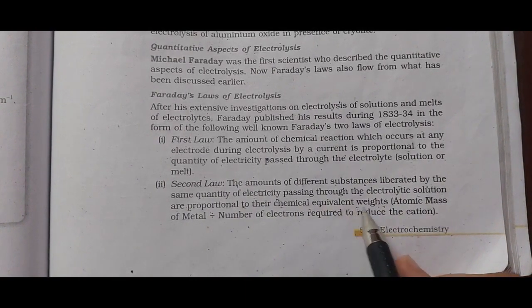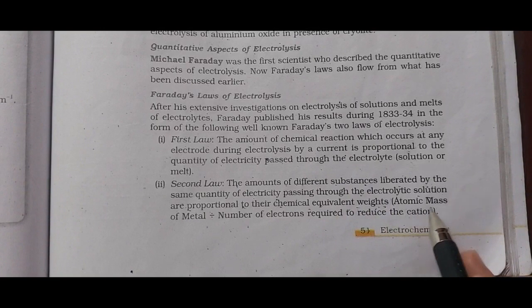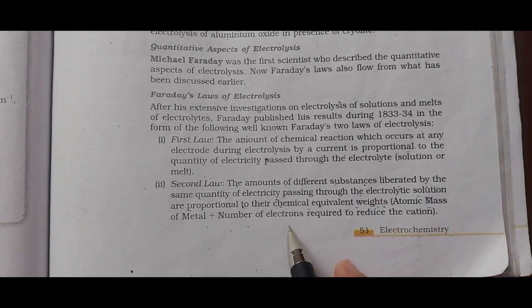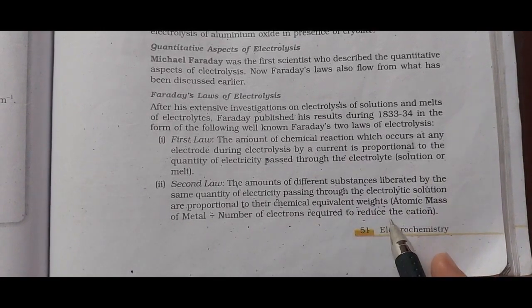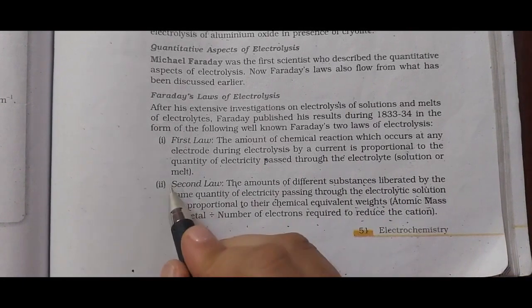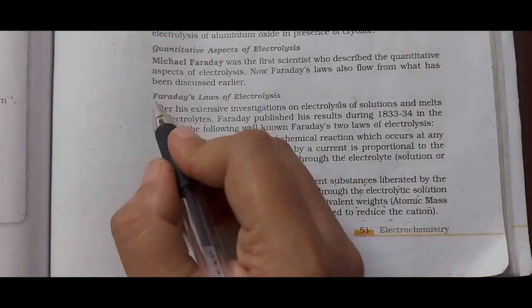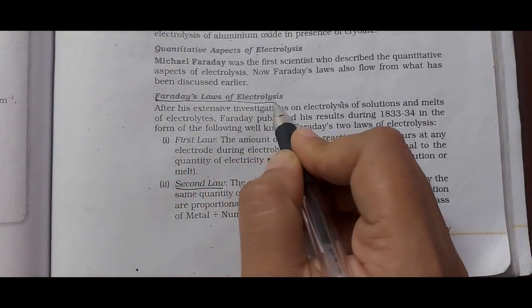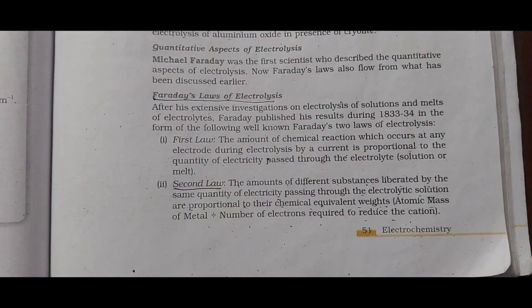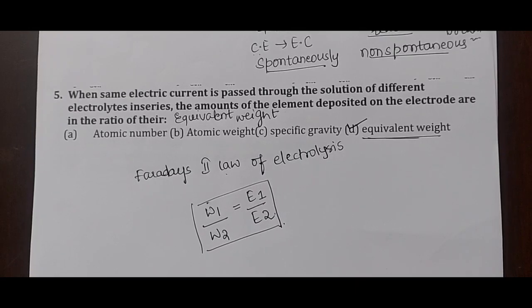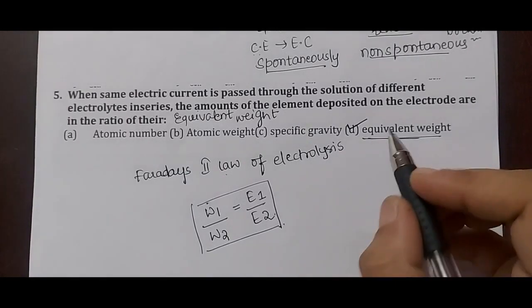And chemical equivalent weight you can calculate by atomic mass of metal and number of electrons required to reduce the cation. And it is written as second law. Which second law? Second law of Faraday's laws of electrolysis. So the correct answer for the previous question is option D, equivalent weight.